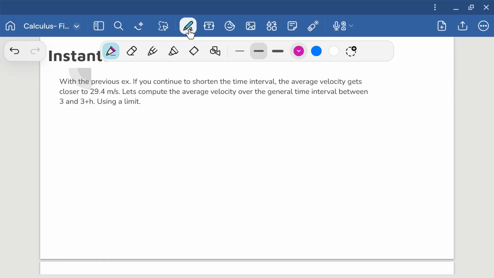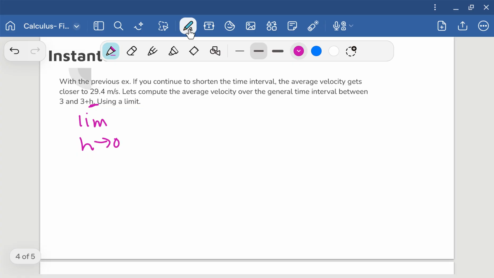So if we're going to use that limit, we're going to see that we're looking at the limit as h tends towards 0, right? We don't really want there to be a change here. We want it to have a very, very small, or not even a change at all. We don't want the denominator to be, because we want it to be instantaneous.